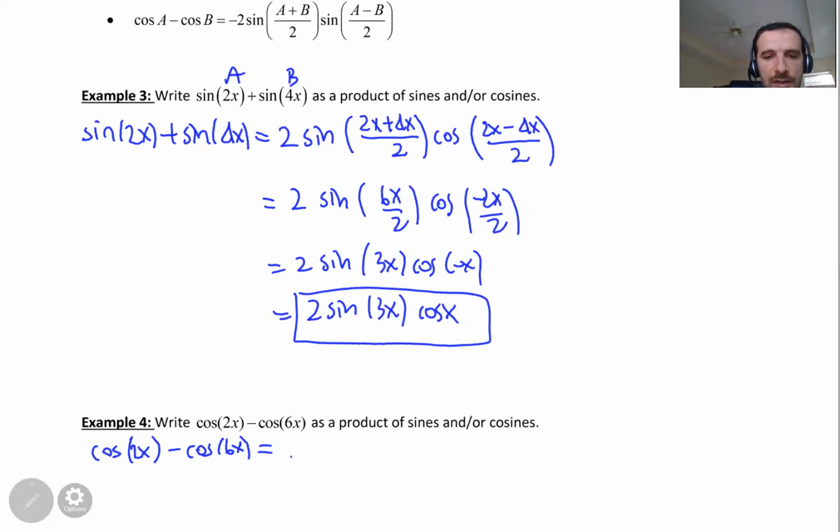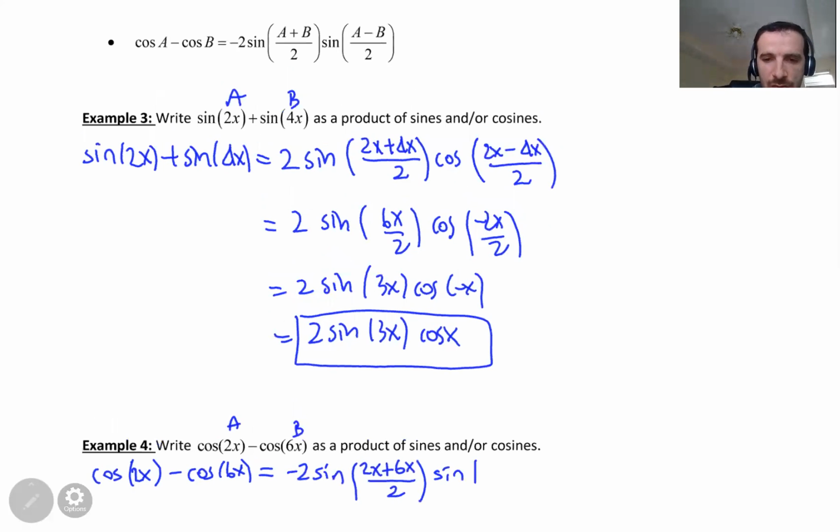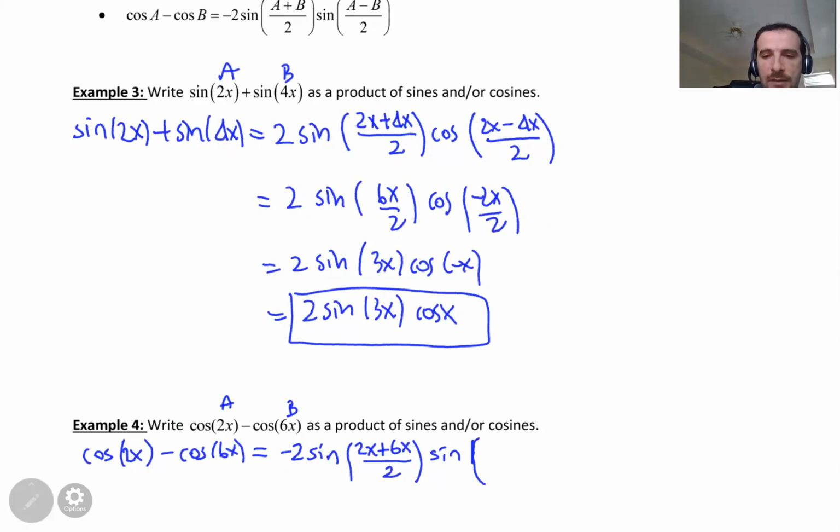Negative 2 times sine of (a plus b) over 2. This is a, this is b, right? A plus b, 2x plus 6x over 2, times sine of (a minus b) over 2, right? Yes. Sine of a minus b, 2x minus 6x over 2.